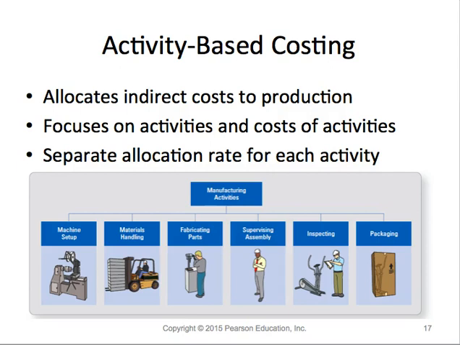So activity-based, activity we know is what companies do in manufacturing facilities. So we want to identify different activities a company may have. Many of you may not have experience in the machine manufacturing industry. So let's see what we have here.